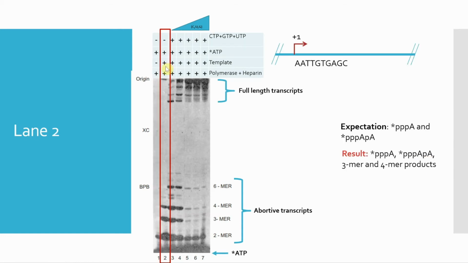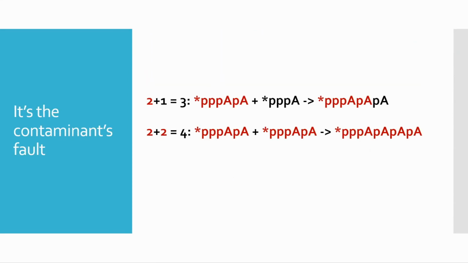In lane 2, synthesis should now be able to occur, as we've now provided the template and the nucleotide for the first two nucleotides in the sequence. We would expect to only see a dimer product appear, as we don't have the rest of the nucleotides. But we see 3 or 4 more products here. What's going on? Remember that dimer contaminant causing problems in lane 1? It's at fault here too.